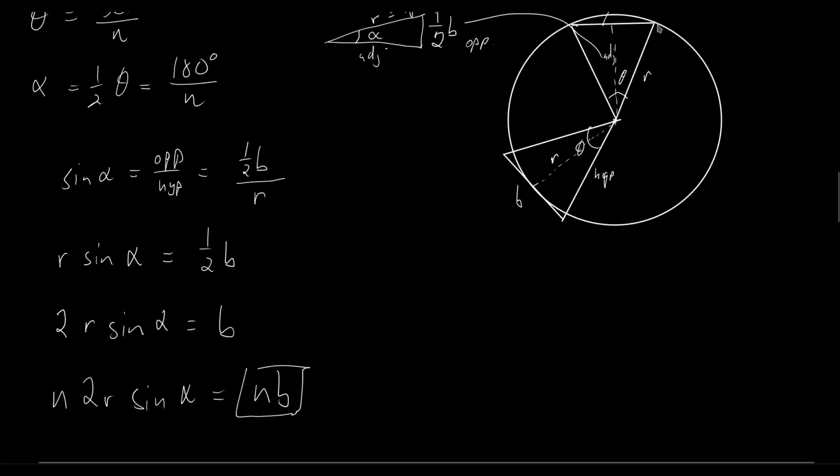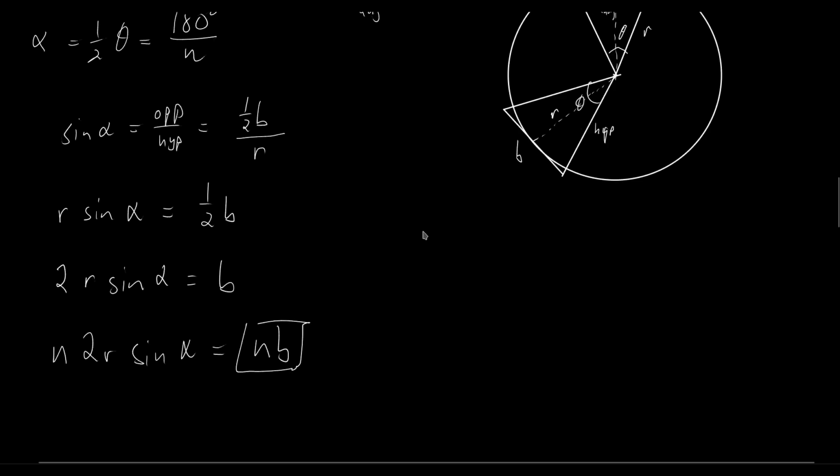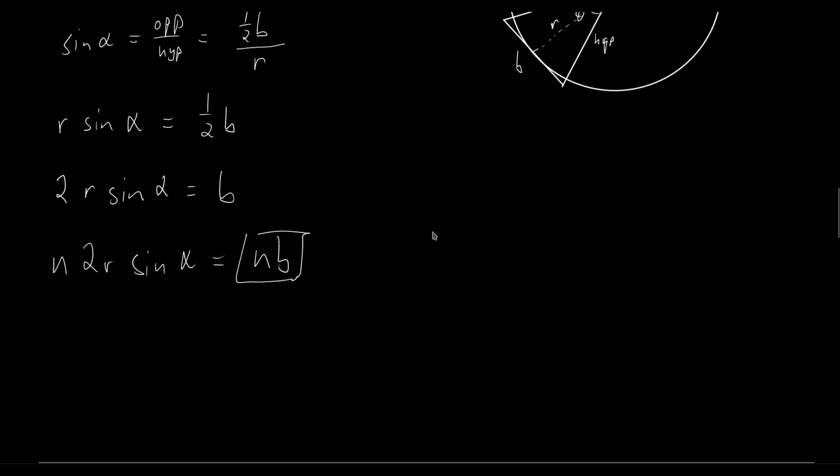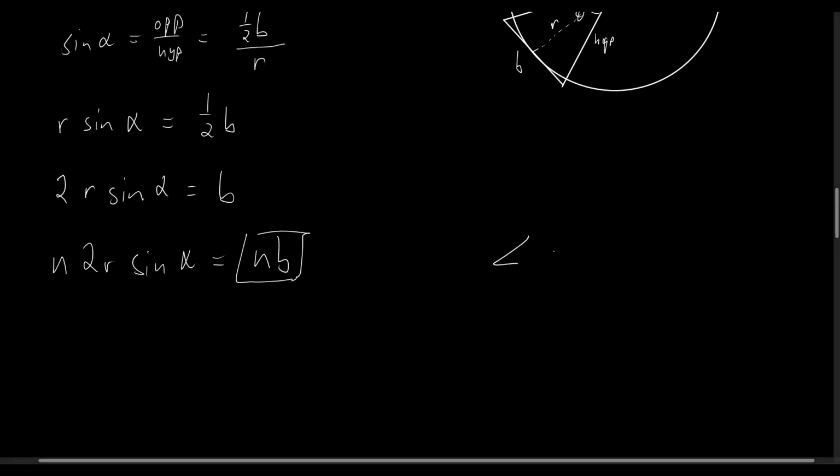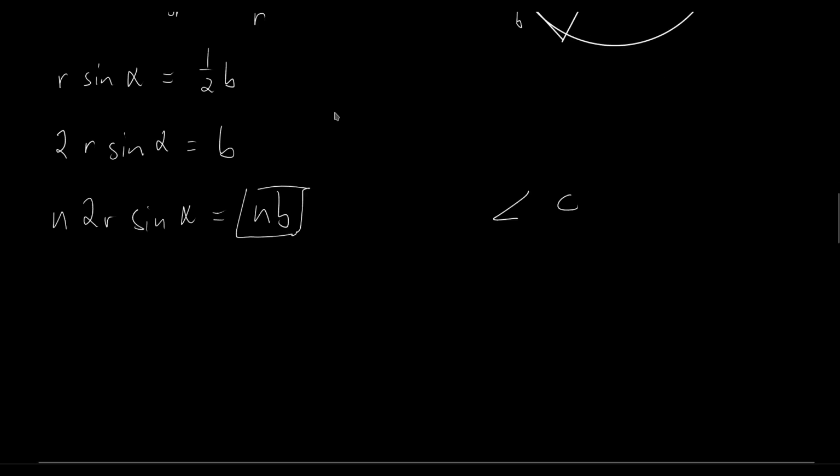And because it's the inner inscribed shape, this will give us the inner bounds of pi. Well, I'll just call it the inner bounds of the circumference first. Okay.